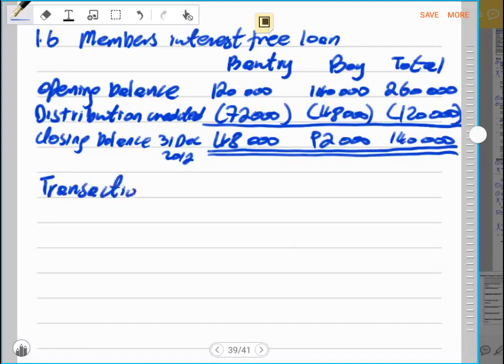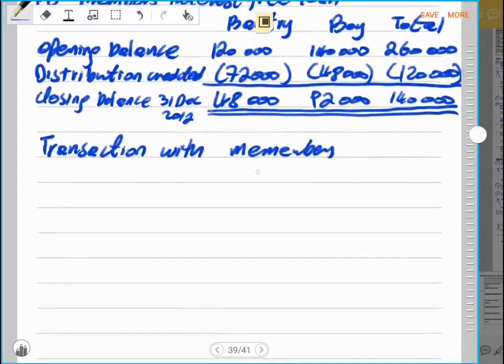Transaction with the members, and we only had two members. Transaction with the members, which is Bentley, Ben3, then the next member is B, then we have the total.